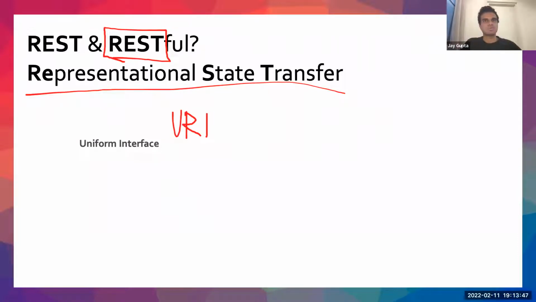URI stands for Uniform Resource Identifier, so every resource should be identified with a unique URI. If you don't understand it right now, that's okay. When we code things up, hopefully things will be a bit more clear as to what exactly uniform interface means.